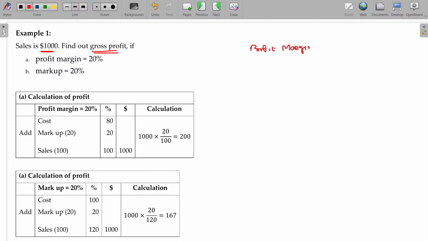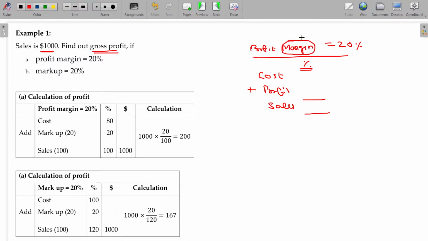In case profit margin is 20%, you have this structure here: cost plus profit gives you the sales. 20% means if you are talking about margin, it is on sale only, which means sale is 100.